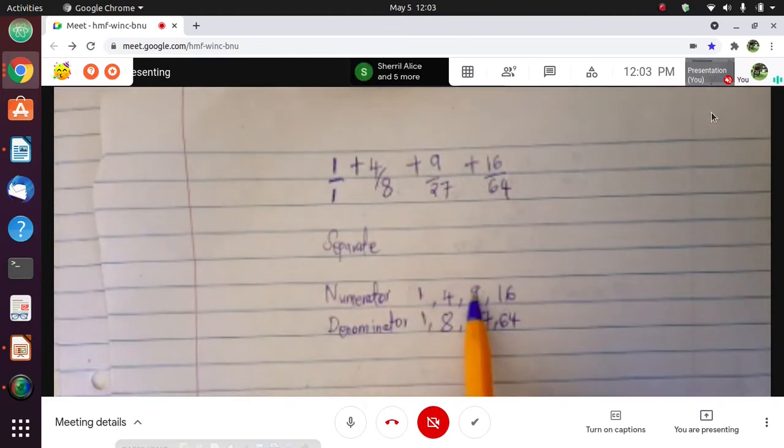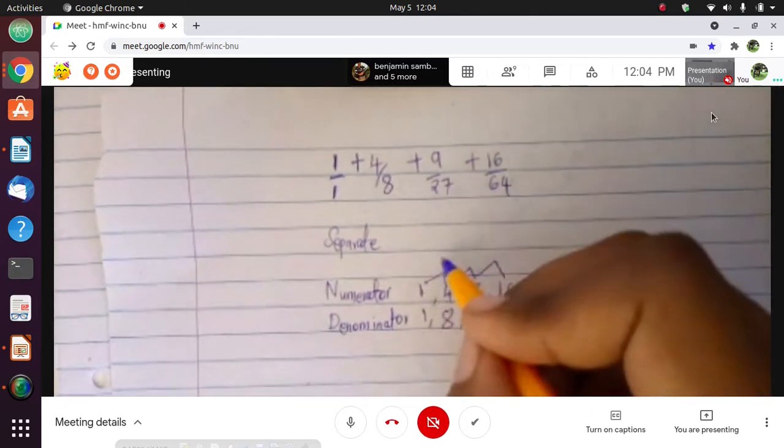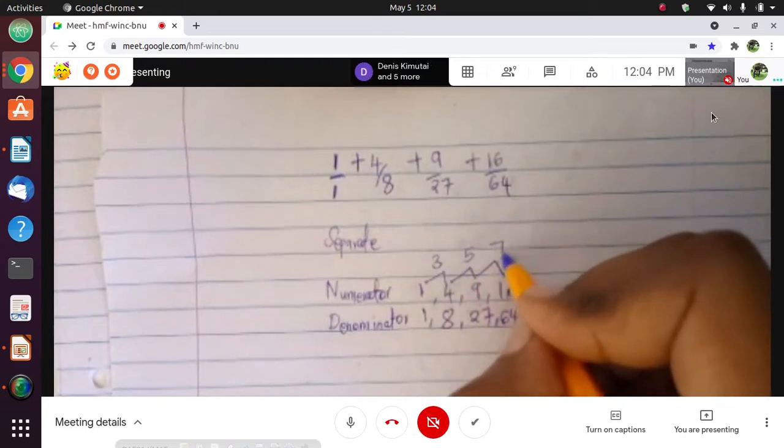When I take 9 minus 4, how much do I get? 5. When I take 16 minus 9, how much do I get? 7. So it's not an arithmetic sequence, because the common difference between these successive terms is not the same. This is 3, this is 5, this is 7.